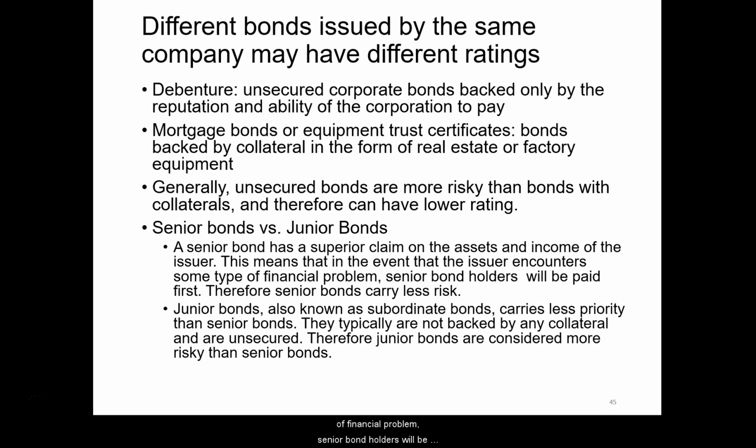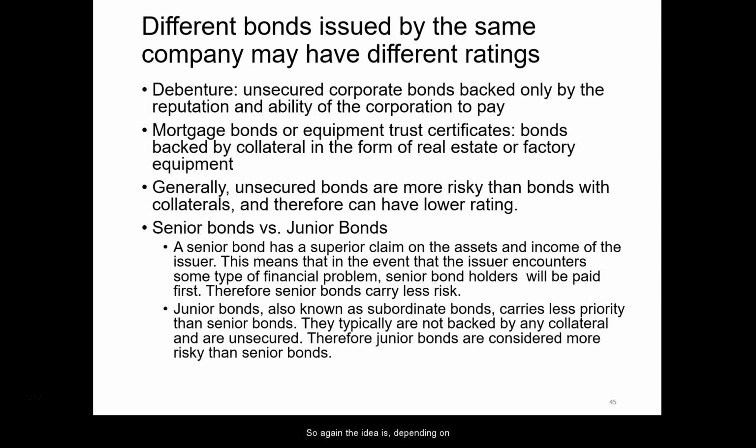If the company has some kind of financial problem, the senior bondholders will be paid first, or say paid earlier than the junior bondholders. That means they have less risk, and those senior bonds may have a little bit higher rating compared to the junior bonds.